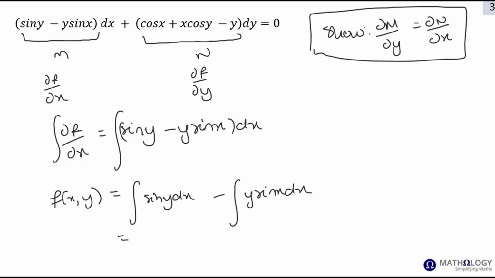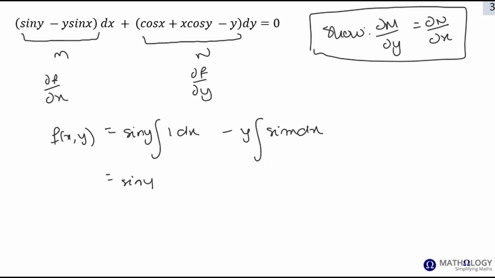Sine y is a constant with respect to x, so sine y times the integral of 1 dx, minus, with respect to x, y is a constant, so we take that out, and we have the integral of sine x dx.